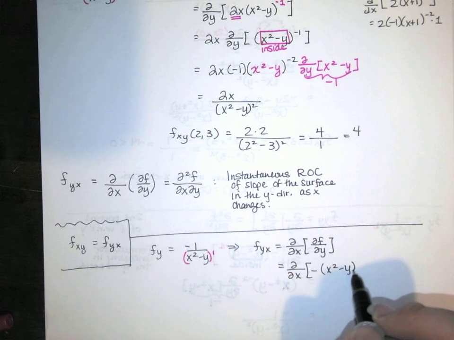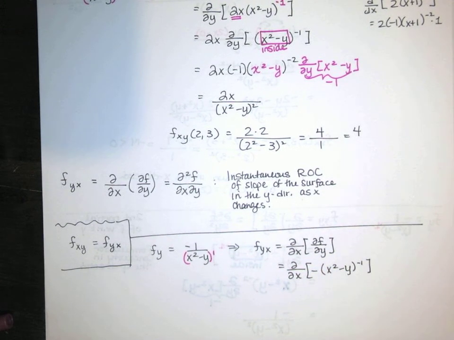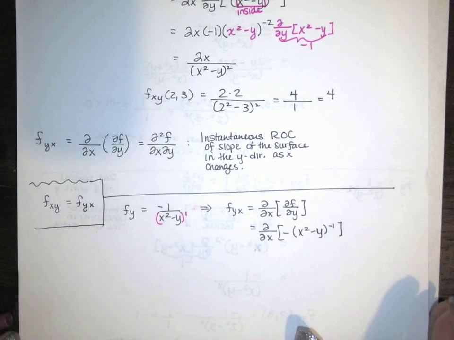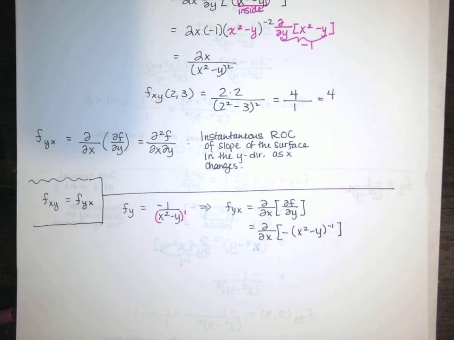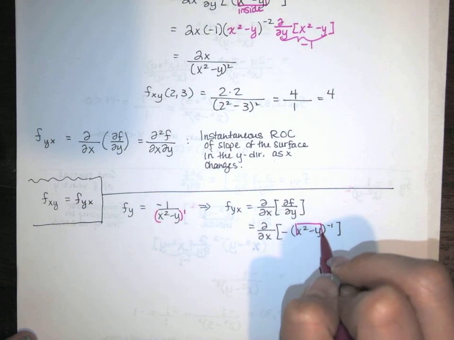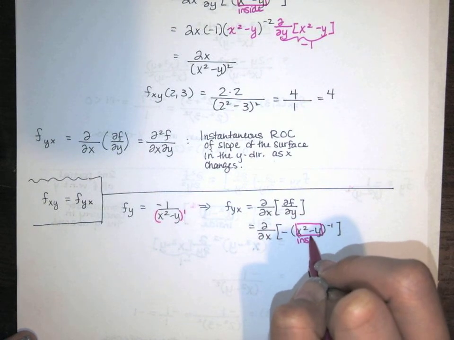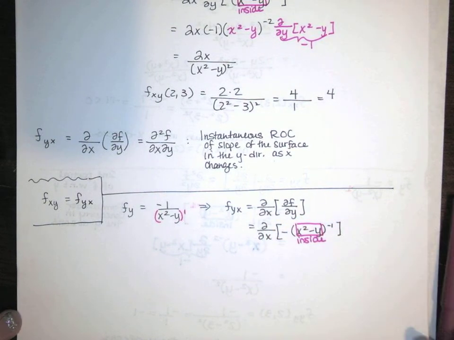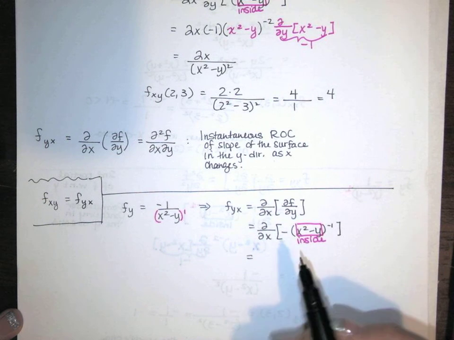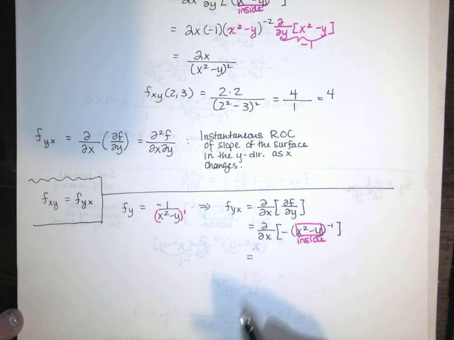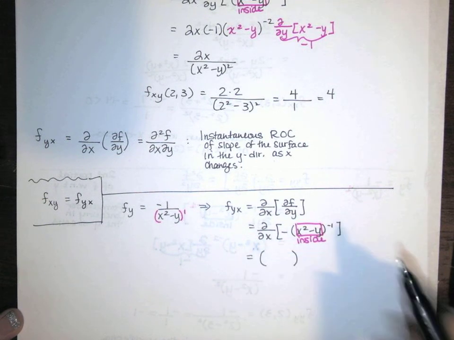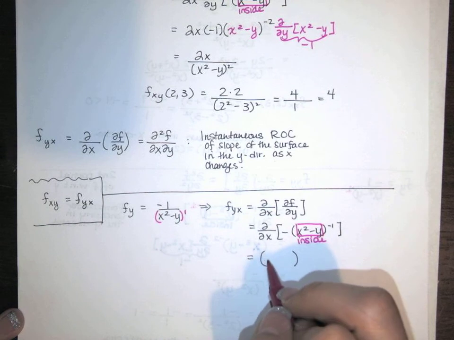It's not necessary here. And I'm taking the derivative with respect to x now, treating y as a constant. Well, I've got to use the chain rule again, because I've got a function nested inside another function. First, I do derivative of the outside. Negative 1 times negative 1 is positive 1. Evaluated at the inside.